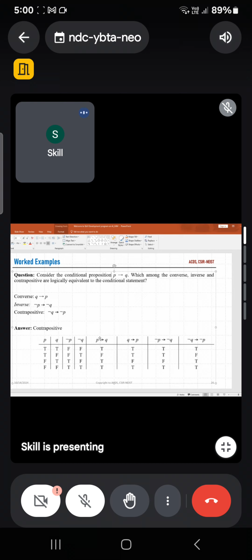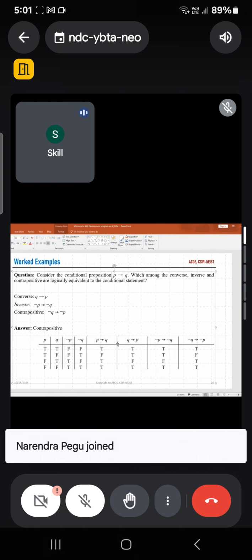Both are true, so P implies Q is true. P is true but Q is false, so we write false. P is false and Q is true, we write true, and both false, we write true.